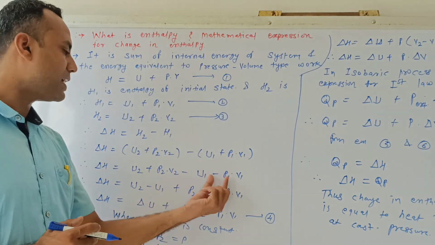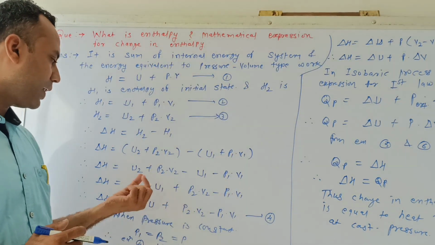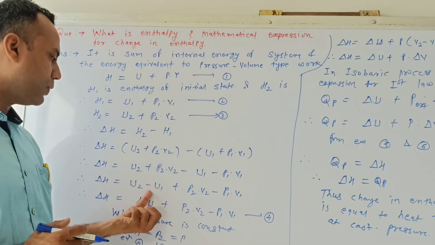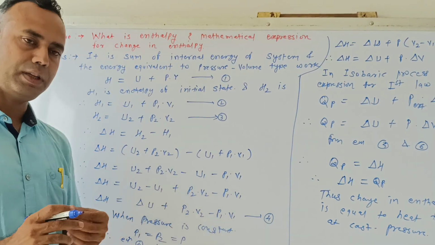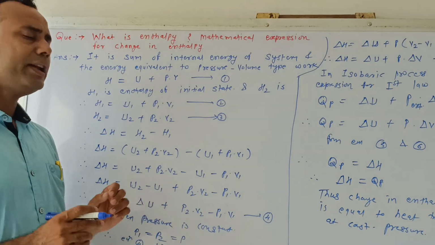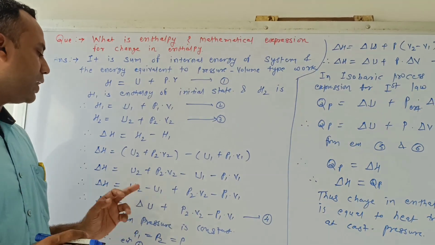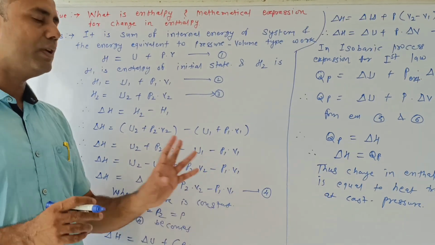P2 V2 सिमिलर है, ये पास लेके आएंगे. U2 minus U1 plus P2 V2 minus P1 V1. U2 minus U1 यानी डेल्टा U. डेल्टा H is equal to डेल्टा U plus P2 V2 minus P1 V1.